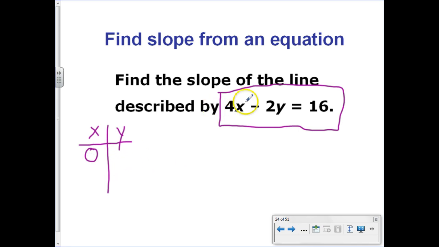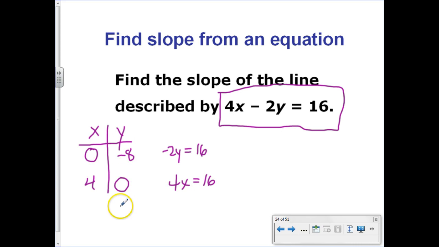If you plug a 0 in for x, you would get -2y is 16. So your y value has to be -8, so your y-intercept is -8. Plug in a 0 for y, that would leave you with this equation, 4x equals 16. Aha, my x-intercept is 4.